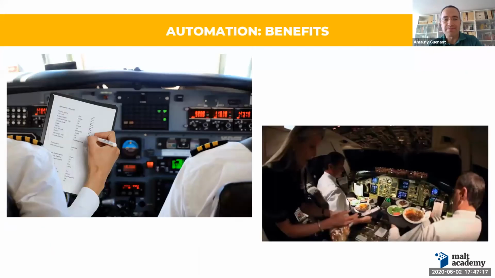So why automation? I really like this slide. It's very straightforward, but for me, that's the whole point of automation. If you've ever taken a long-haul flight to New York, you will look into the cockpit and see that the pilots are running through a list of points.